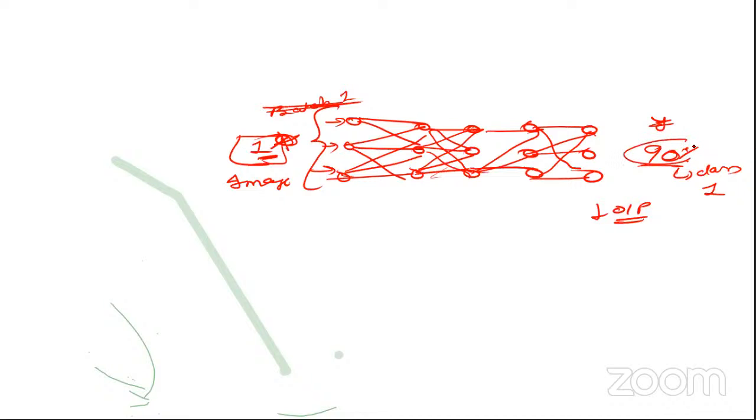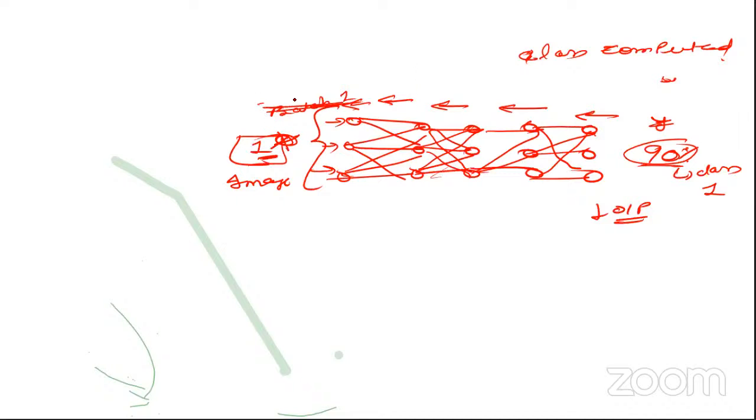So with the help of the predicted value, the error or loss is computed. After computation of the loss, there is an update in the weight and bias throughout the network.